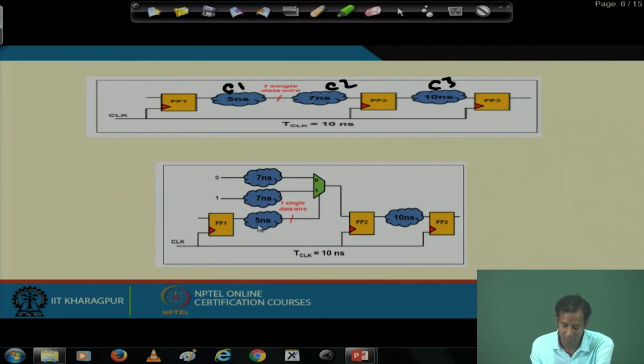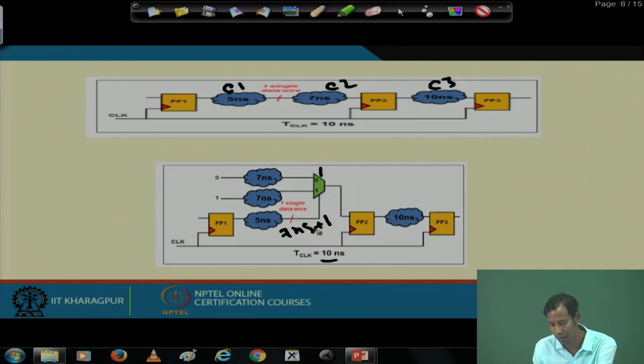Now as I am running these 3 in parallel, the maximum delay will be 7 nanoseconds, plus 1 nanosecond of multiplexer delay, which is again less than 10 nanoseconds.